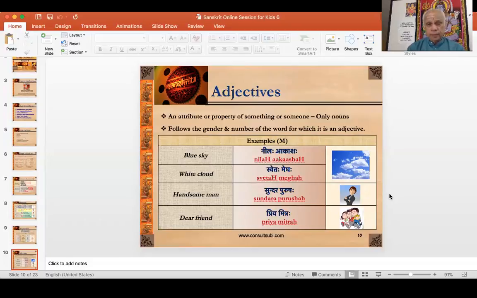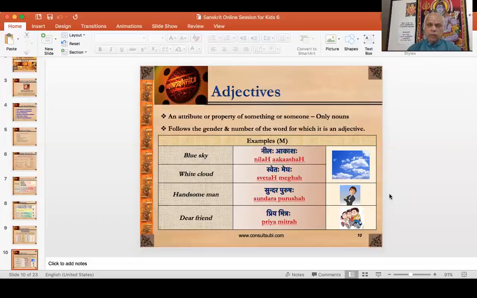White is adjective. Sundara Purushaha. Handsome man. Handsome is here adjective. Priya Mitraha. My dear friend, you say, right? He is dear to you. Therefore, you say dear friend. So, dear becomes an adjective here.